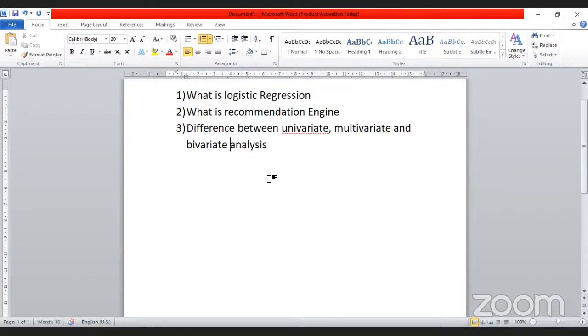These are analysis techniques: univariate, bivariate, and multivariate.